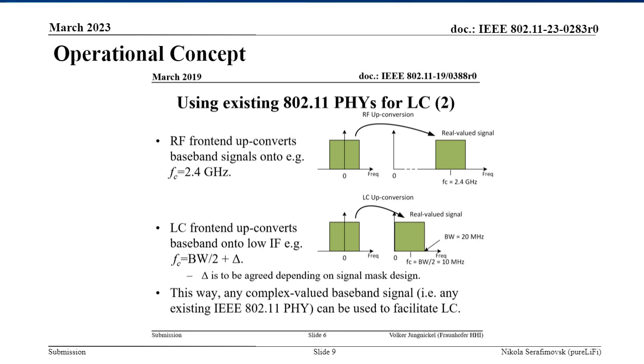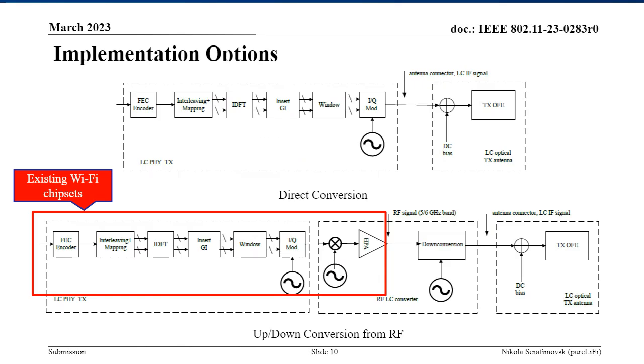To that extent, there are two different architectures offered as implementation options. The first one is what's known as direct conversion. You take the information out of what's known as the LC PHY, which in reality is the Wi-Fi 4, 5, or 6 PHY modes, and take that baseband signal and connect it directly into an optical antenna.